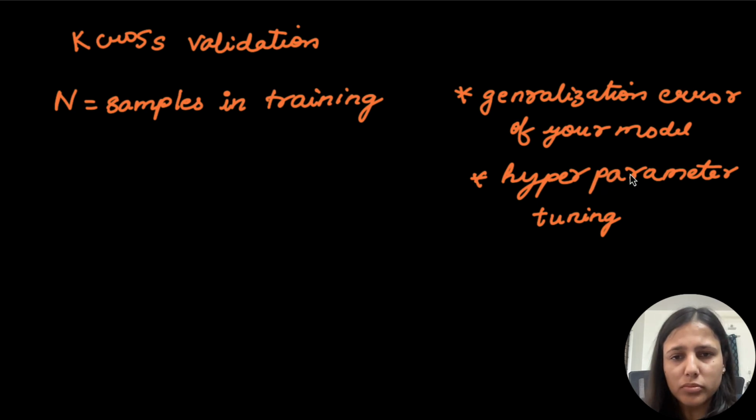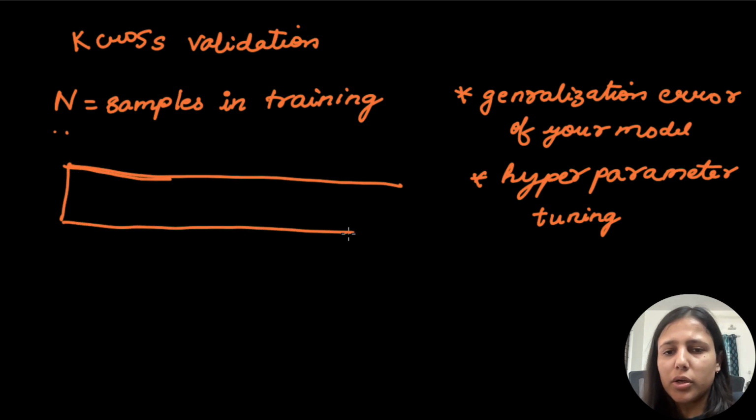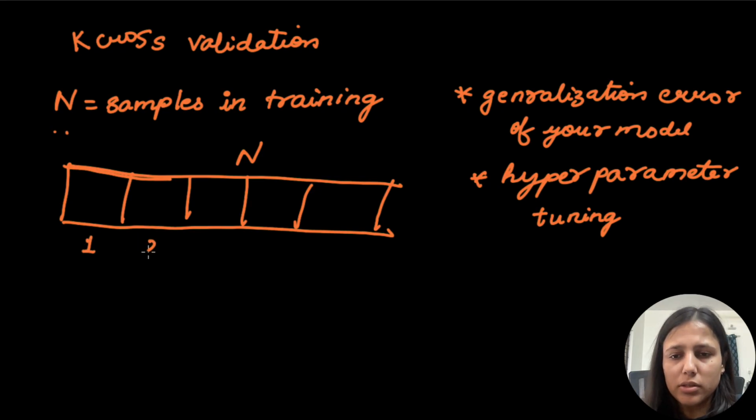So what you do is, you have n number of samples, right? You create K subsets of it. So this is my n, and I create K subsets of this.